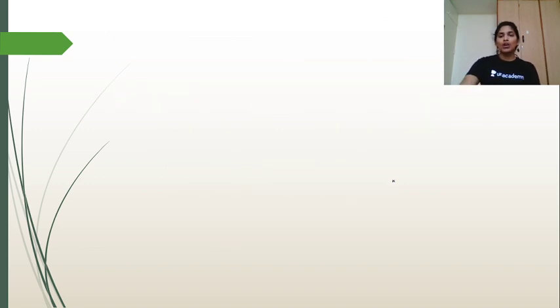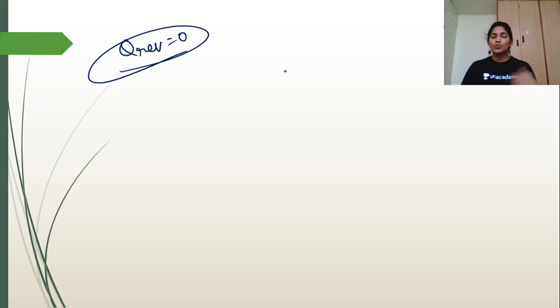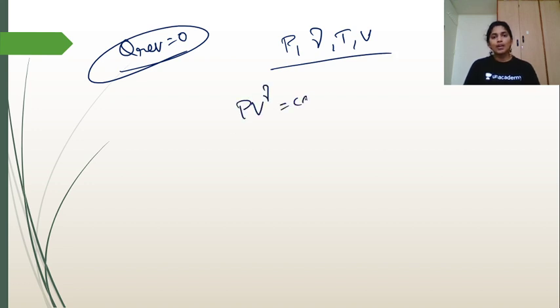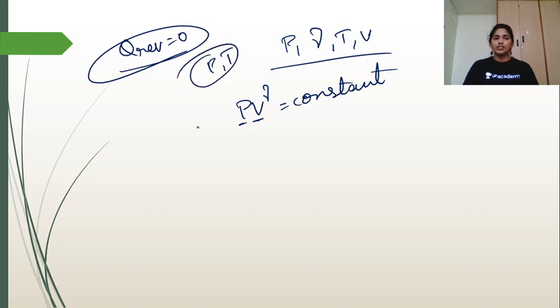We know that for a reversible adiabatic process, we can calculate the final temperature based on pressure, gamma, temperature and volume. PV to the power gamma is equal to constant. This is in terms of pressure and volume, but we need it in terms of pressure and temperature. So this can be written as P into RT by P, to the power gamma.